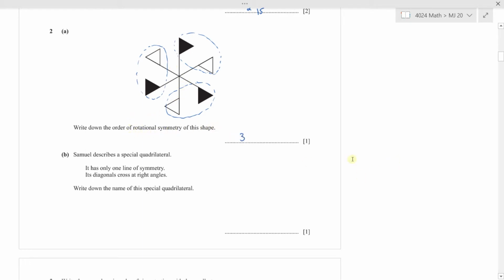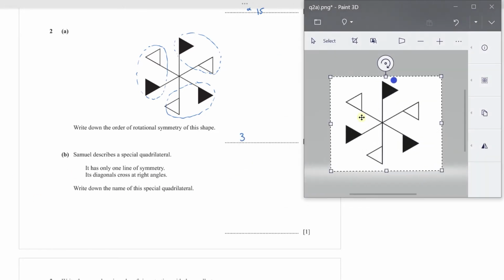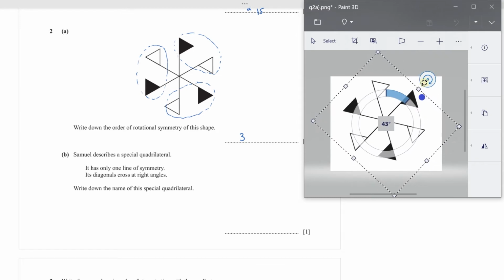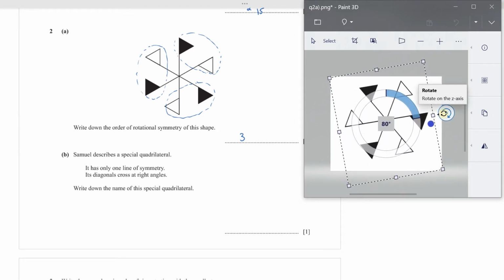You can also look at this by rotating the shape here. So I have this same shape given in the question, and I've marked this with a purple dot here to basically show where I'm starting the rotation from. So once I start rotating, I have to count how many times I get the same exact shape during the full 360-degree rotation.